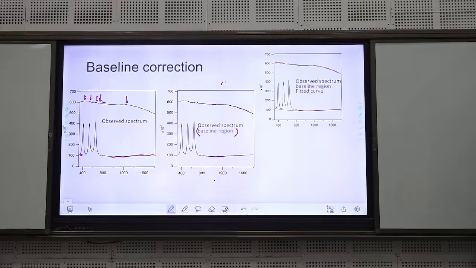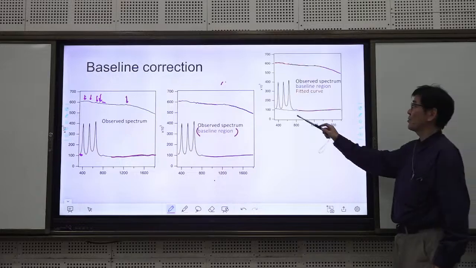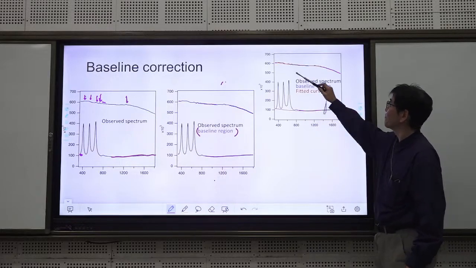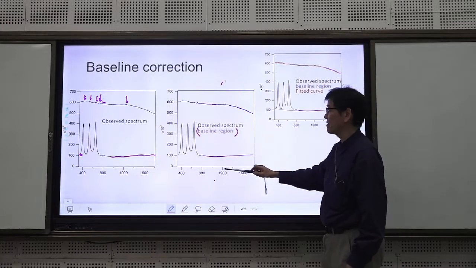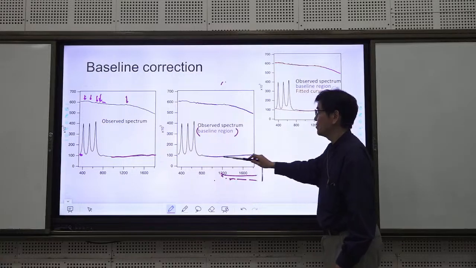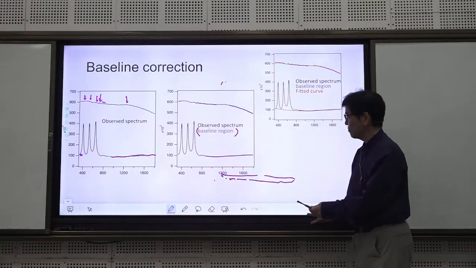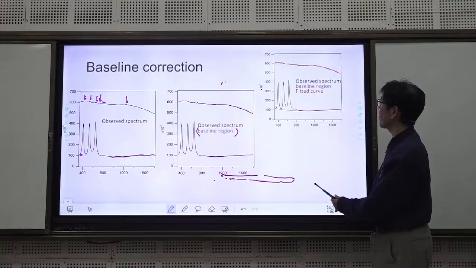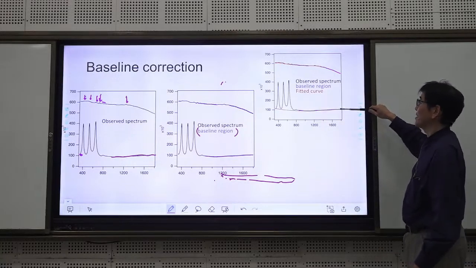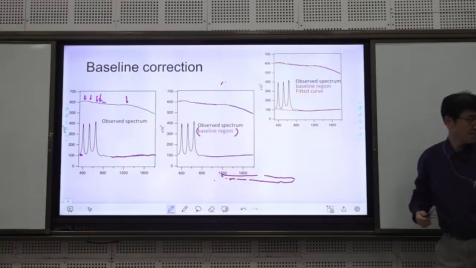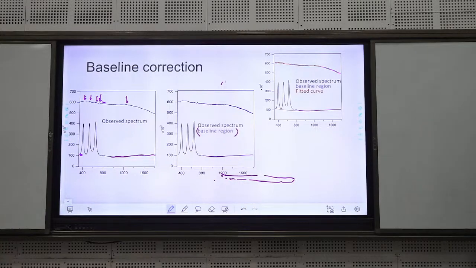Then fit the polynomial curve. So do the fitting analysis for the blue curve. Then the red line can be a possible baseline. Let's subtract.